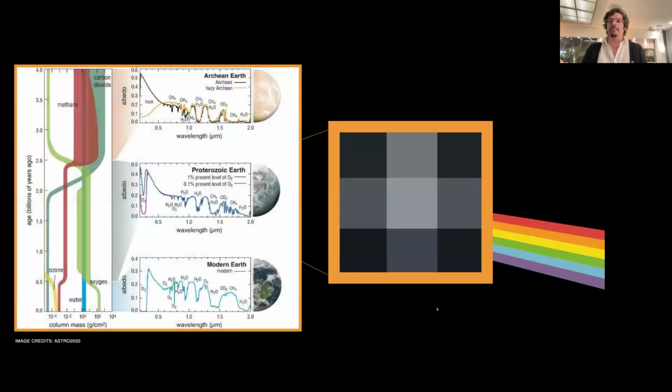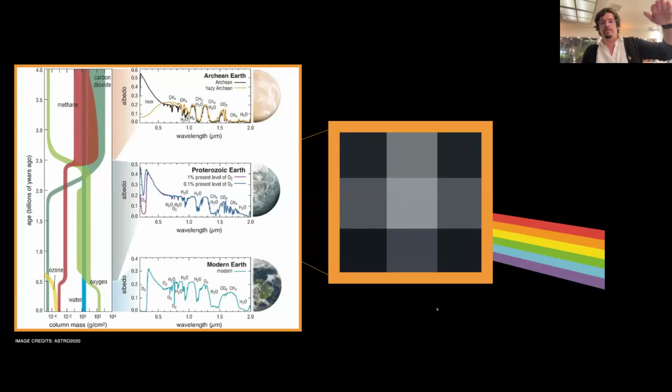which will be fantastic because when you're trying to think about measuring the spectrum of Earth-like worlds out there, you also have to think about time. And this is what these plots show. In the y-axis, you have the age of the Earth, and you can see how the atmosphere of the Earth has changed. At the top, you have the Archean Earth and how the Earth was at the very beginning when it was forming.